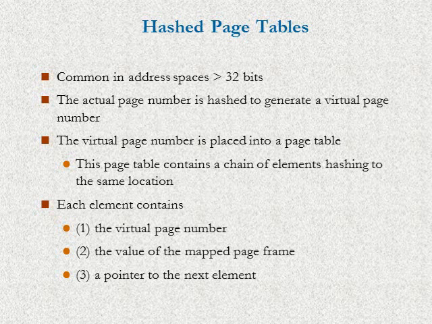So we are trying to do the very same thing here with the page table. We have like a million entries in the page table. We hash them to generate like 1,000 entries, and now against any virtual entry in the page table, we have a linked list of values that can fall against that actual page number.